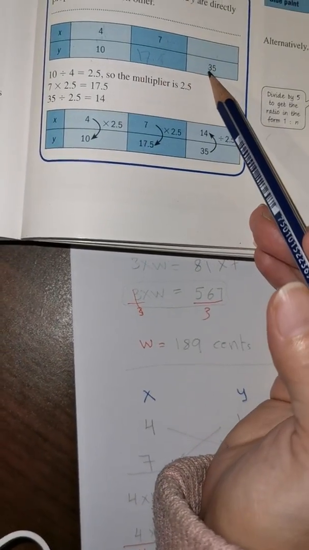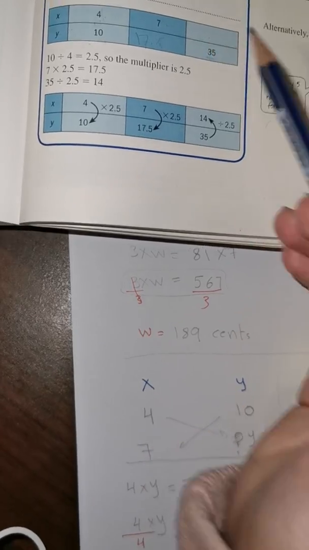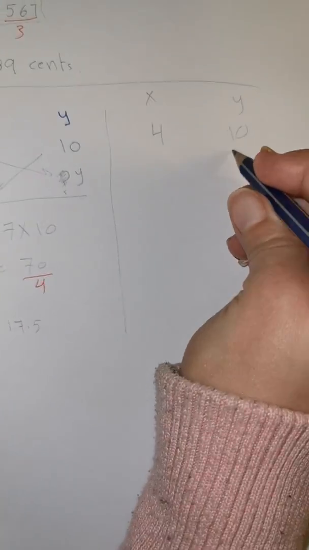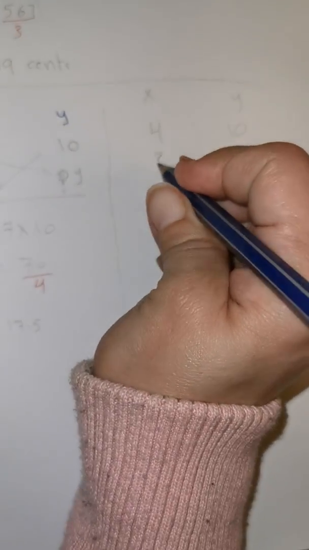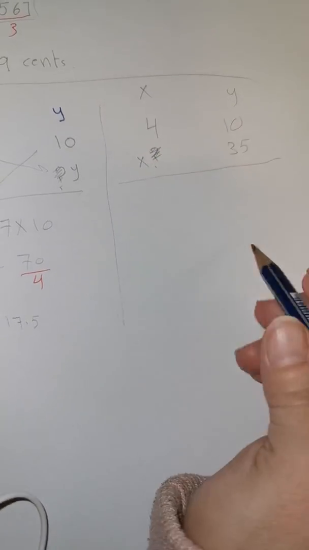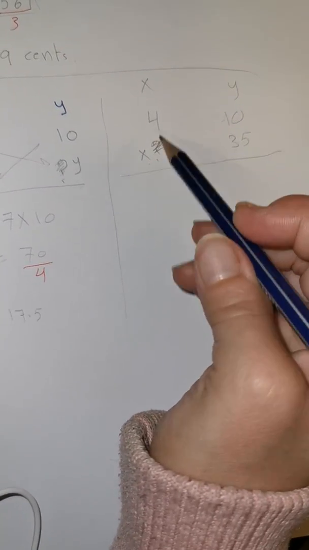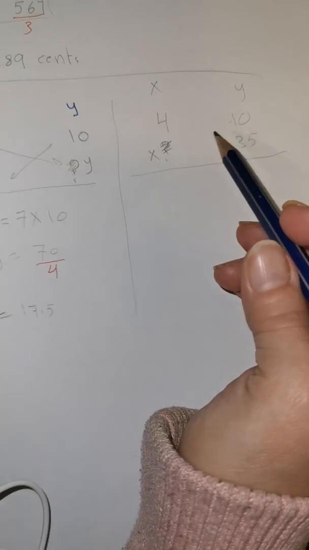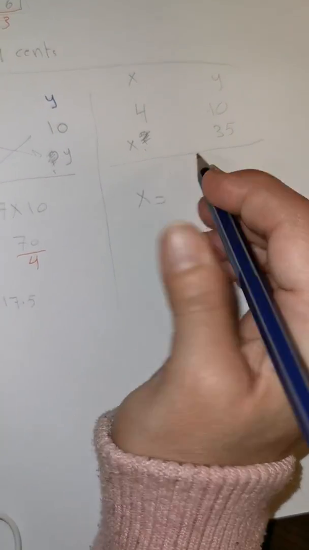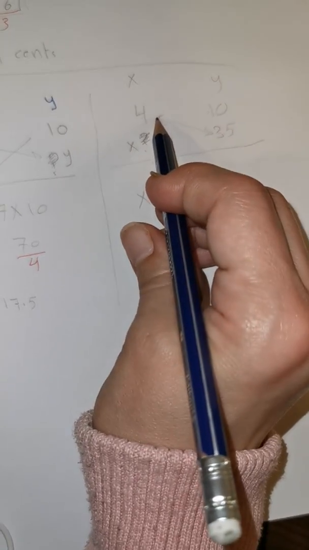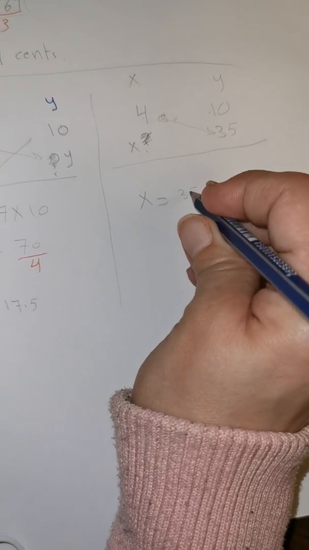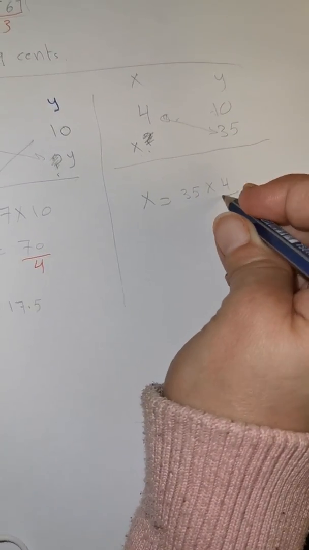If y equals 35, what is the value of x? Let's say we have x. So 10 times x equals 4 times 35, or in one shot, one step, as I taught you: x equals diagonal multiplication, then divide by 10. So 35 times 4 divided by 10.